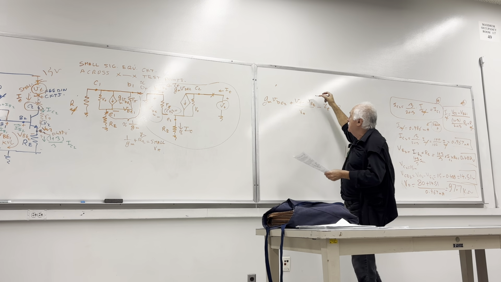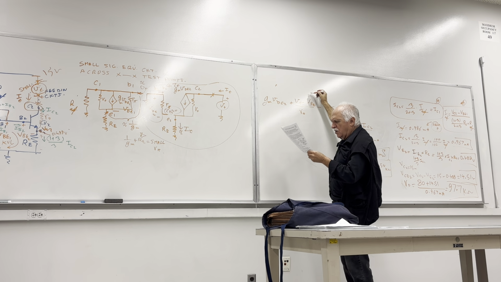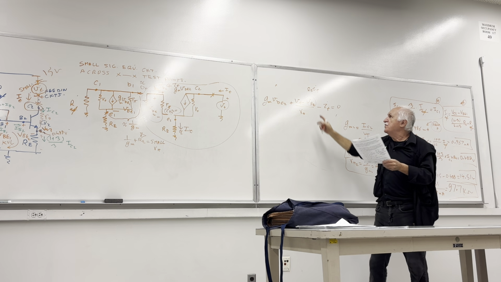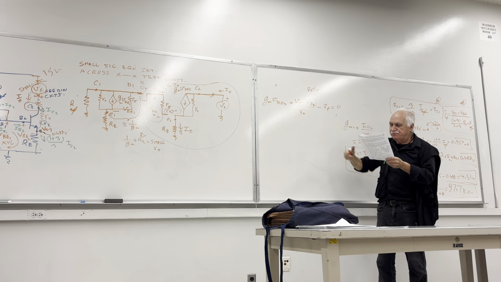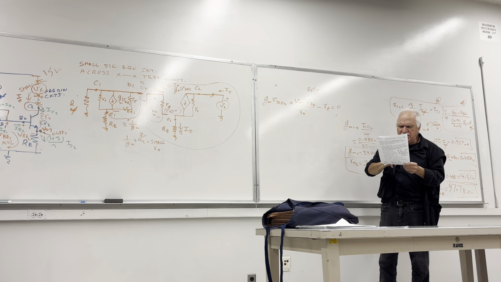Now, this quantity, V of RE, is already equal to RE times IT. So if you factor this whole thing out, we are going to see V of RE and VBE2.